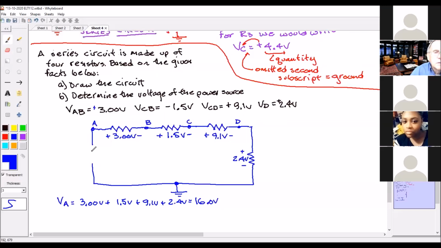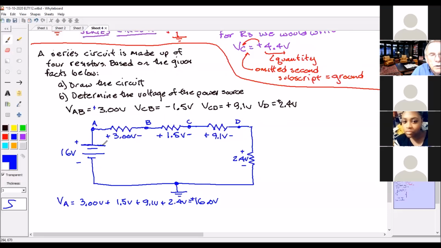So what I've got over here is a power source that's plus 16 volts, which means the plus is at the A end and the minus is at the ground end.